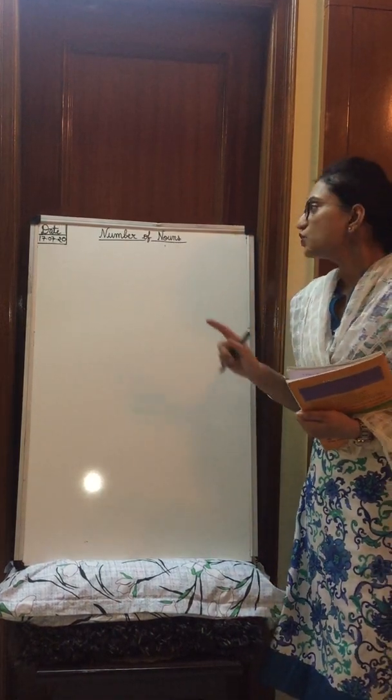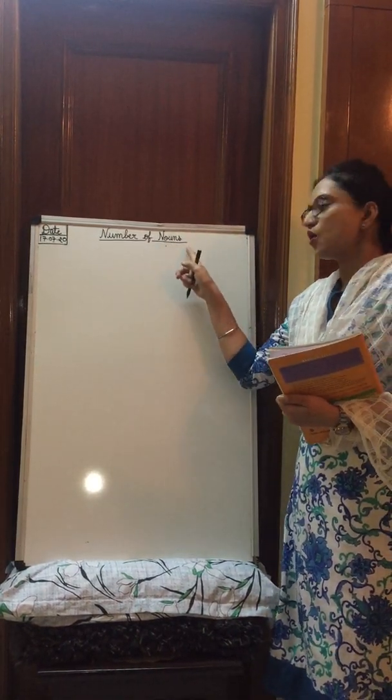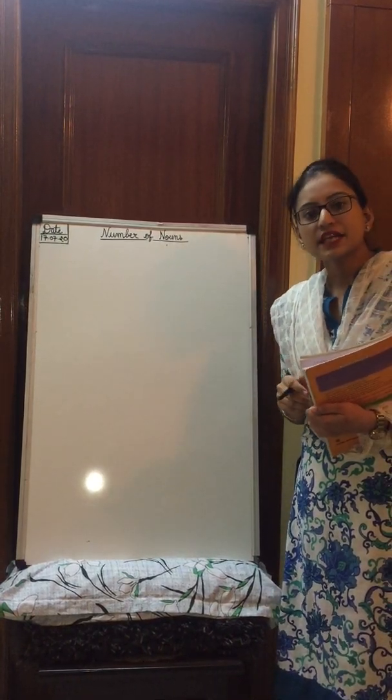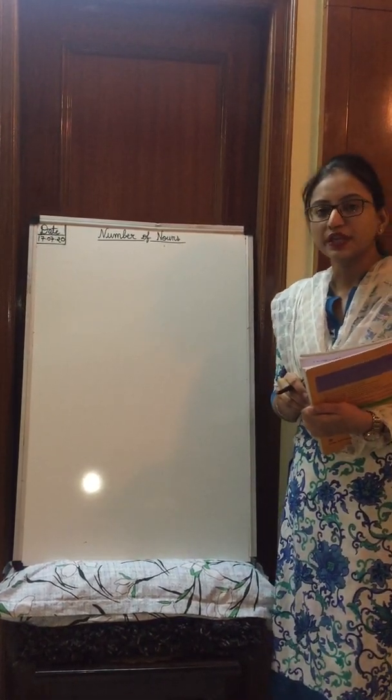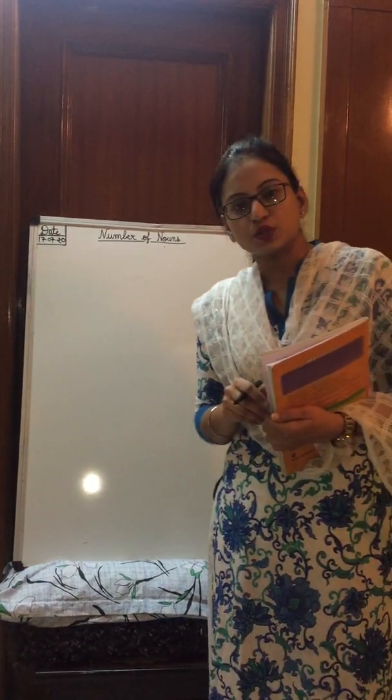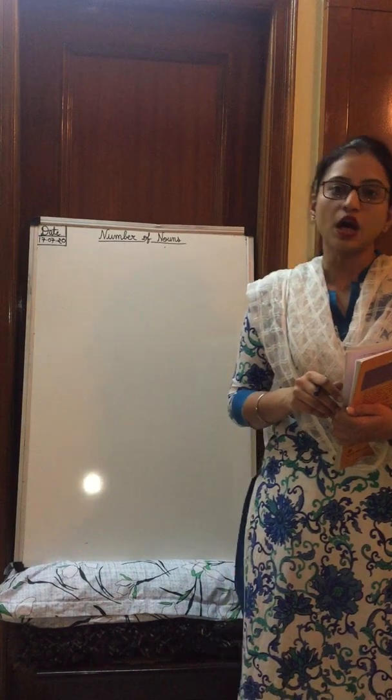So today we will do number of nouns. Well, with most nouns we add s at the end of the word to make it plural. But there are so many other rules of forming plural nouns.